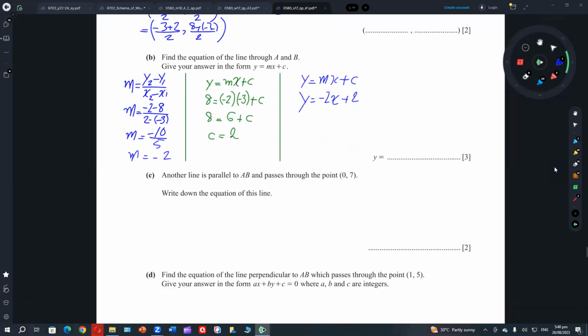Another line is parallel to AB and passes through the point 0, 7. Parallel means same gradient. So we have the gradient of AB, minus 2. So the gradient is same. Parallel lines have the same gradient, but the point is 0, 7.